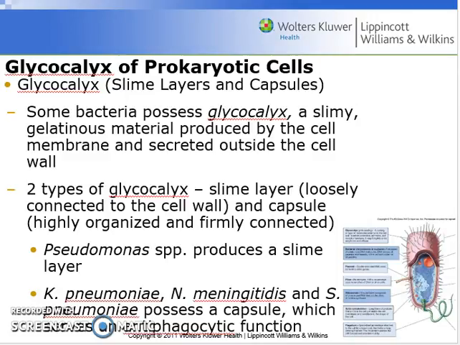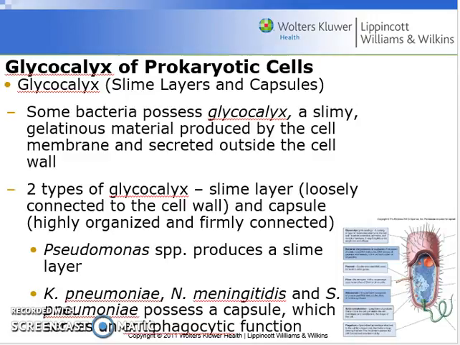The glycocalyx consists of gelatinous material that's secreted by the cell membrane and then built on the outside of the cell wall. It's very slimy and very sticky, which is why it's referred to as a glycocalyx, because it's basically a covering that is comprised of polysaccharides.